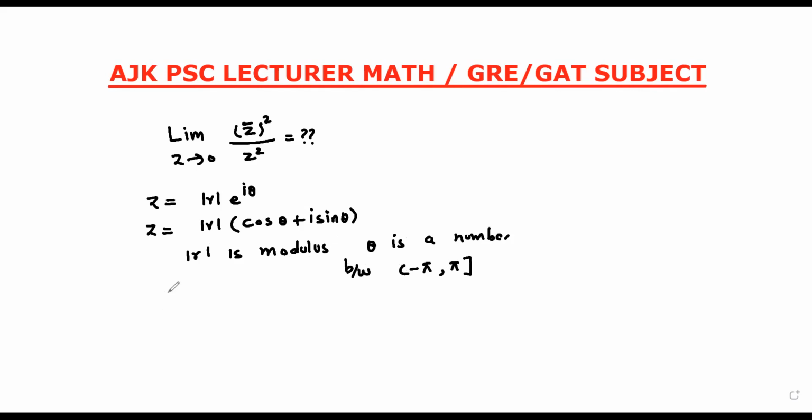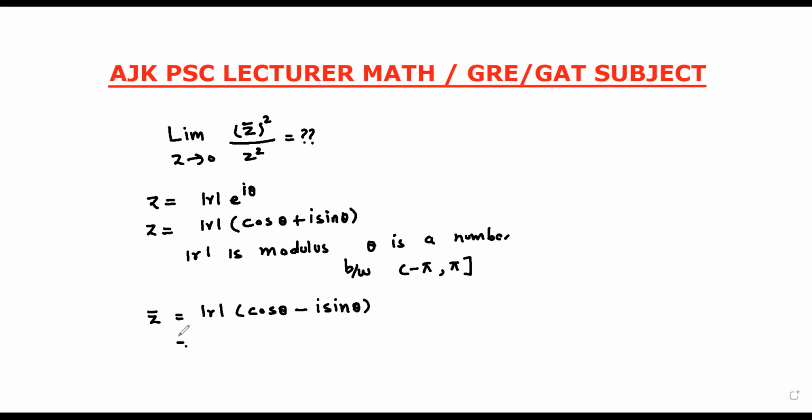Okay, students. So if we take the conjugate of this number, z bar is equal to modulus of r times cos theta minus iota sine theta.